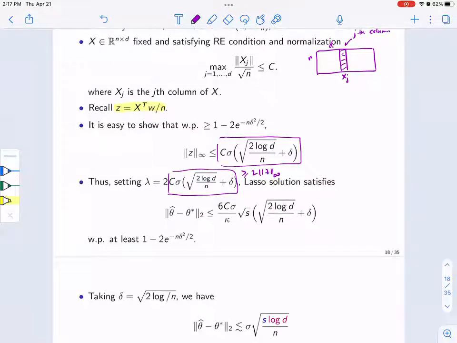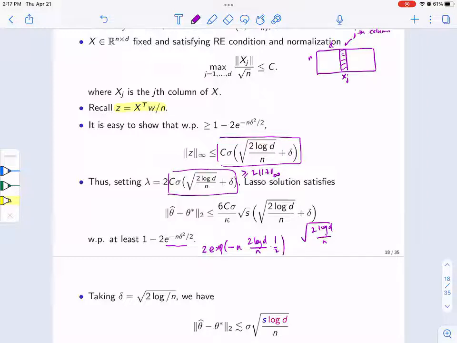Then you can also take delta to be, let's say, if you want, root 2 log D over N. Then you can see from here that this would give me 2 e to the negative n times 2 log D over N, and then 1 over 2.